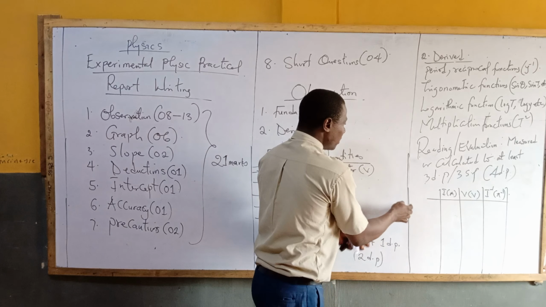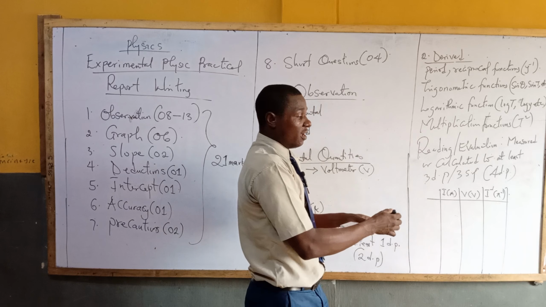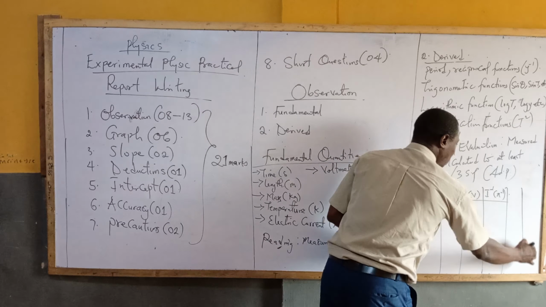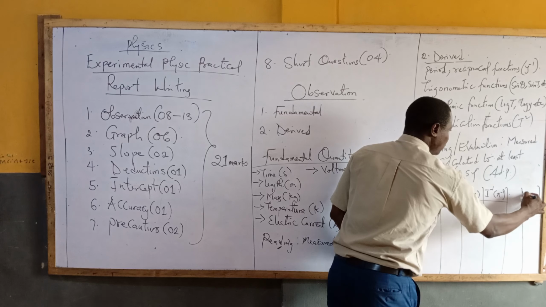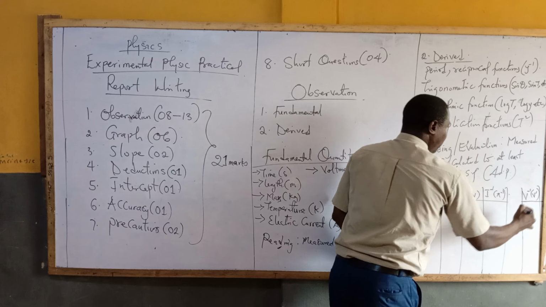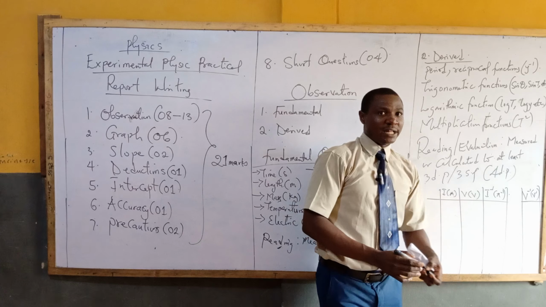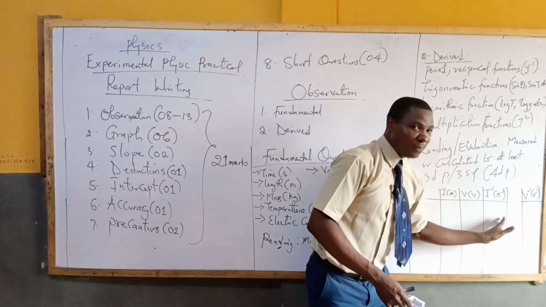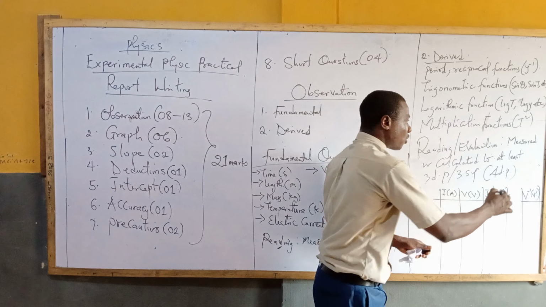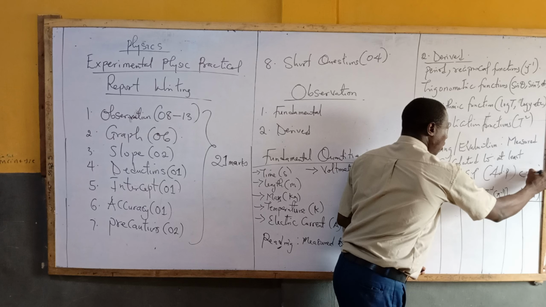Let's assume that you notice that you have one small space somewhere here, and you write your inverse of voltage here. Now, this is not seen as a composite table because there is already a space in between these two. It is seen as two separate tables. So the mark for the composite table will be scored what?